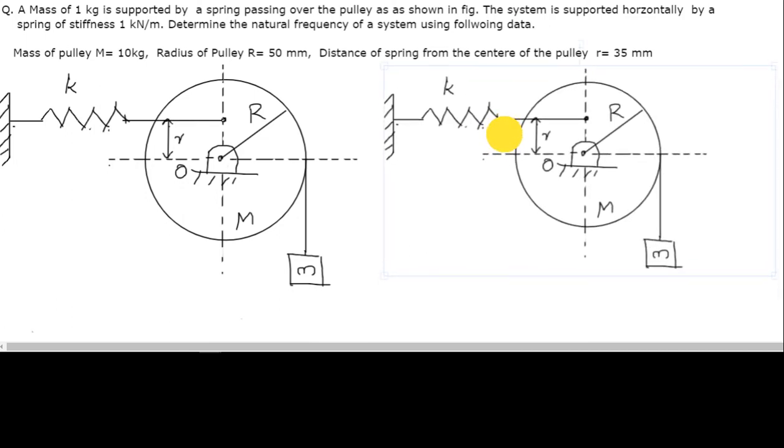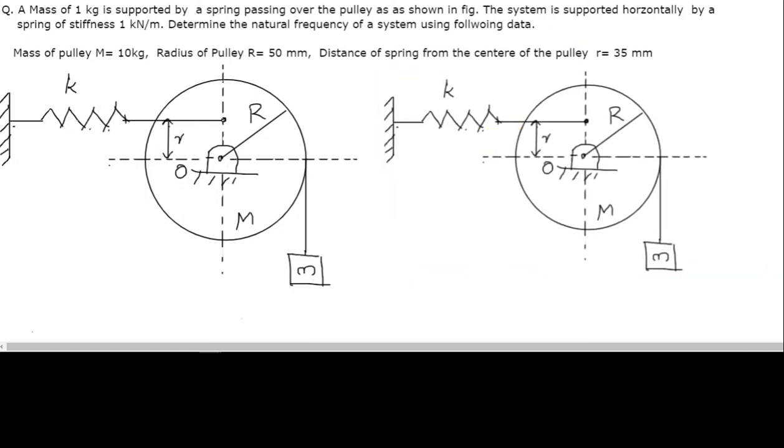If you call this point A, when this mass moves a distance x in the downward direction, at a displacement x, then this pulley will also rotate in that direction like this, and this A will move towards A1.